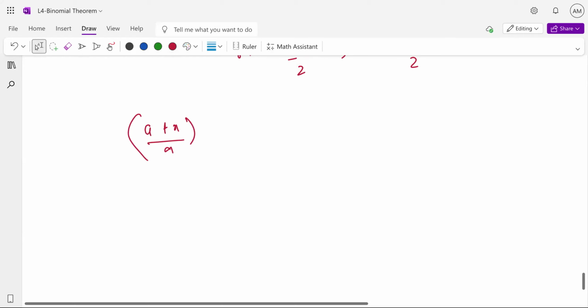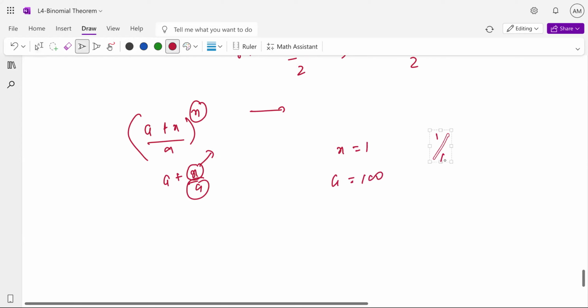Neglecting means that if my power is very high, and x is very small, for example x is 1 and a is 10,000, then 1 by 10,000 will result in a very small value.